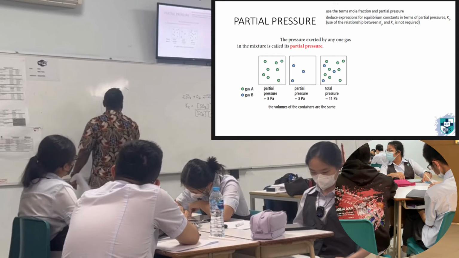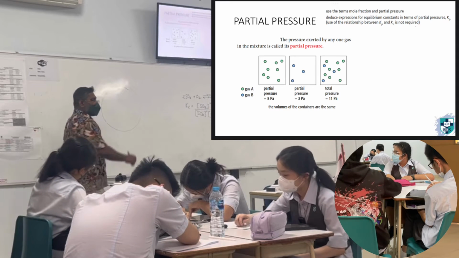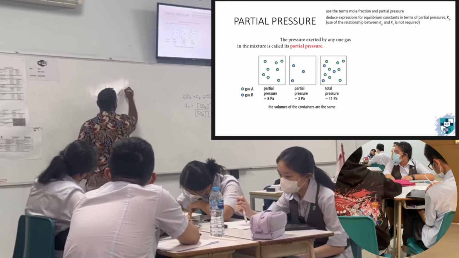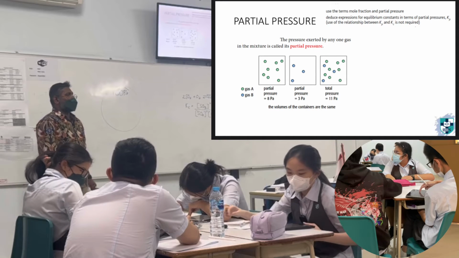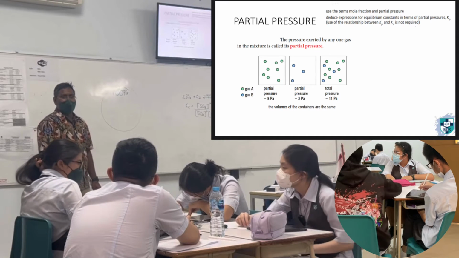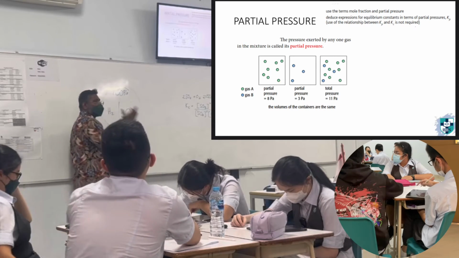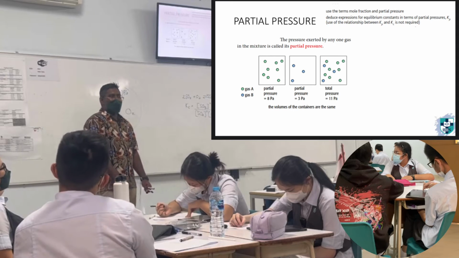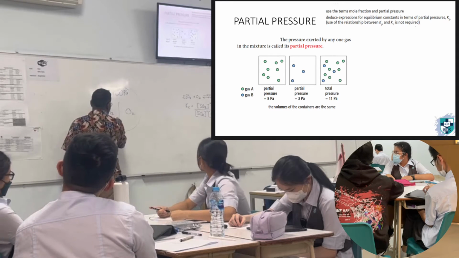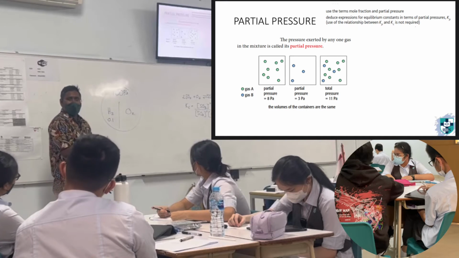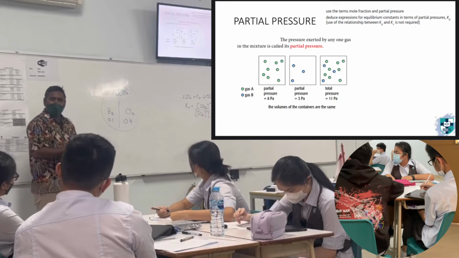Let's say the entire pressure in this particular room is 100 Pascal, and we have two types of gases over here, hydrogen and oxygen. We may have 0.1 mole of hydrogen and 0.4 moles of oxygen.